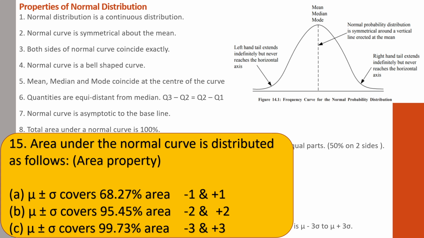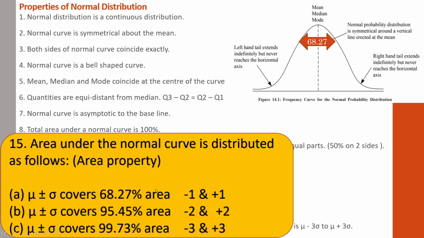In which part of the normal curve does this 68.27 cover? See, from this point to this point. This is the area where the value will lie between minus 1 and plus 1 standard deviations, and 68.27% represents that.